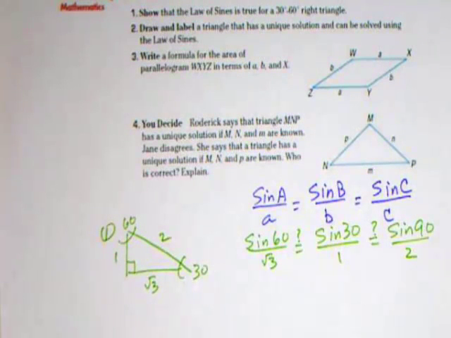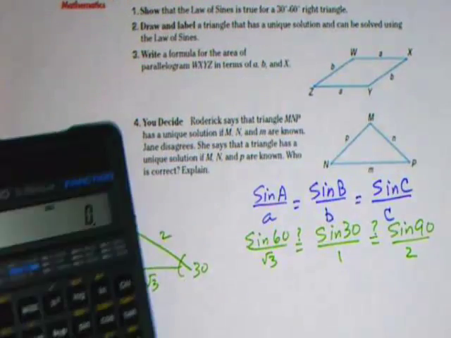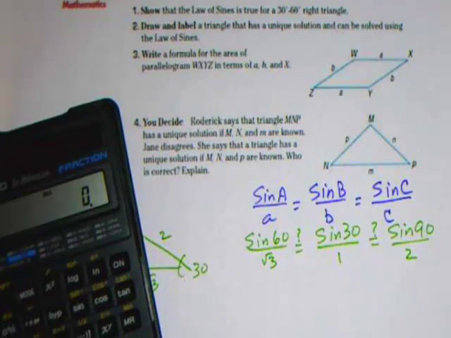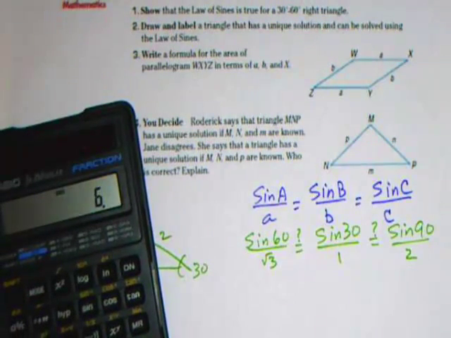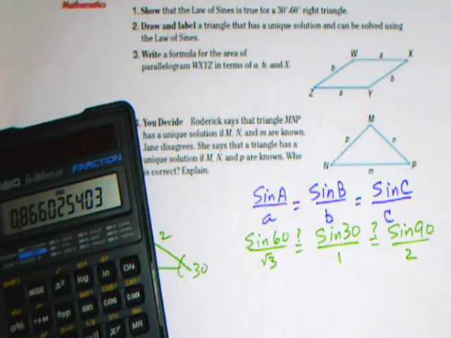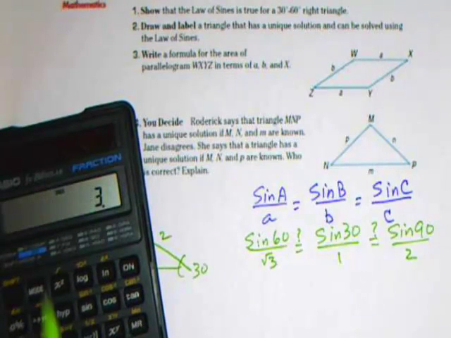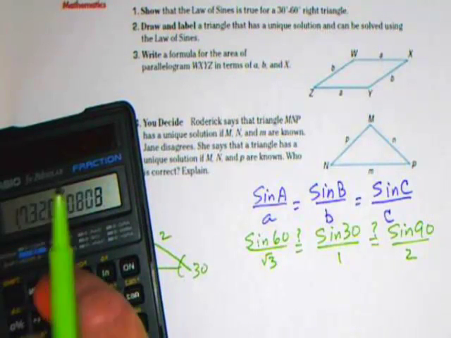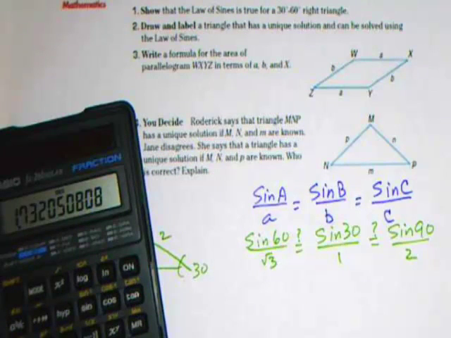So that's what we need to do, is just basically show these. So if I do sine of 60 over root 3, sine of 60 is 0.866. Divide that by the square root of 3. I get 0.5.